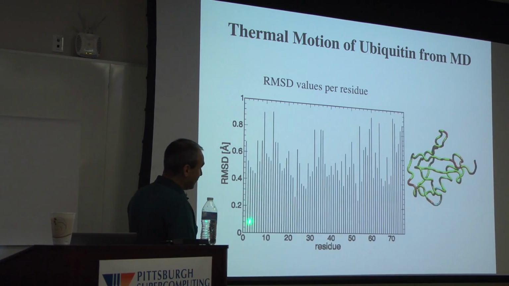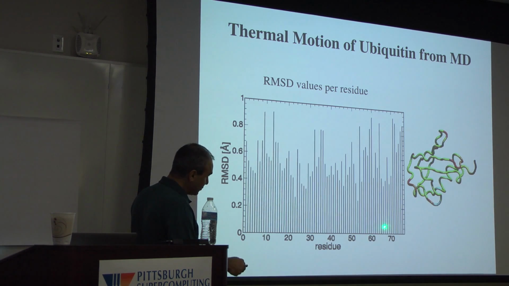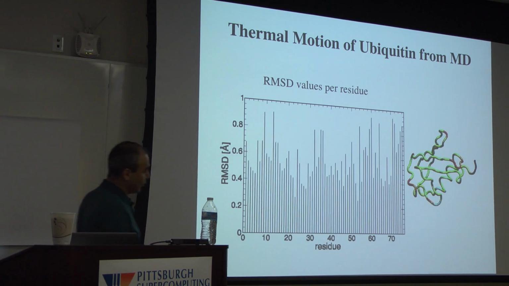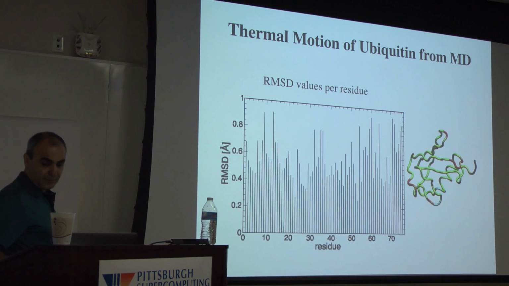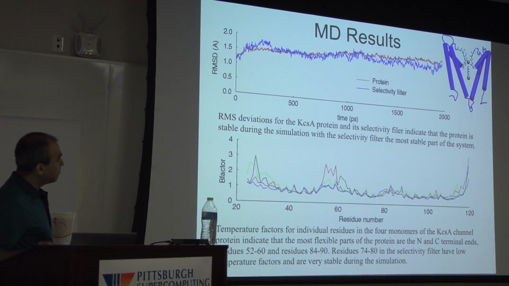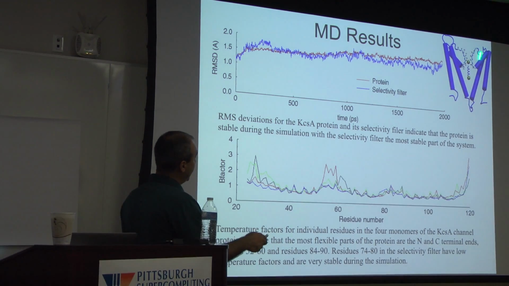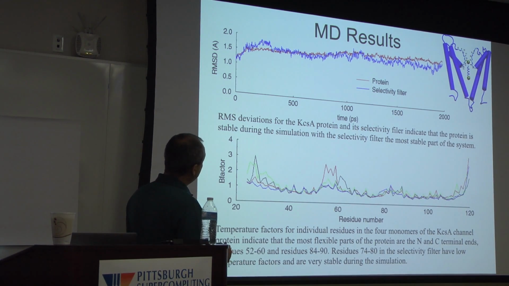So that's what I was telling you. You can get the RMSDs per residue. There are utilities in VMD that allow you to do that, and then color your protein based on this. An example of this is potassium channel.